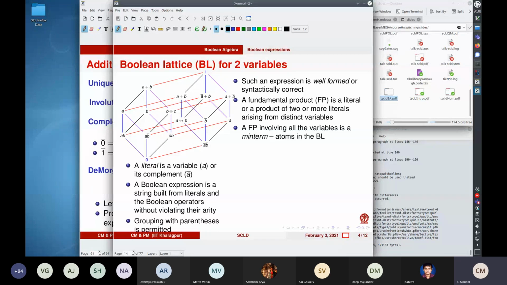If you have k properties, a1, a2, up to ak, how many possible min terms can you have? You can have 2 to the power k possible min terms. If you construct that table, you are going to have so many rows, and each row will be either a 1 or a 0.